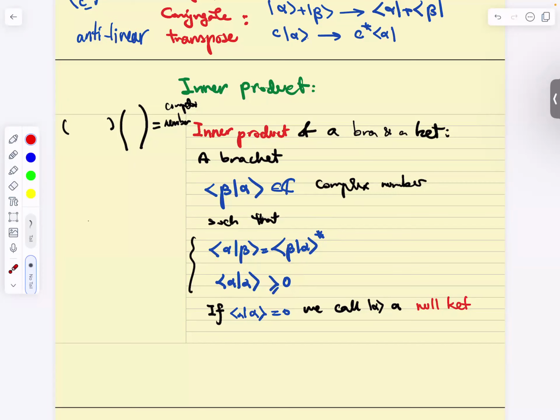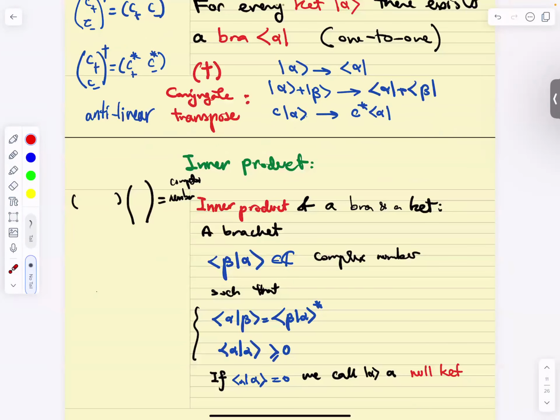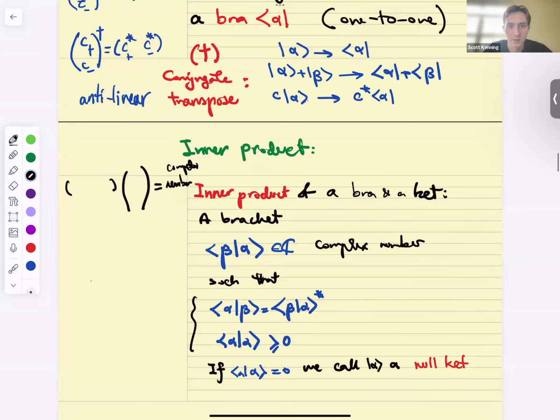Does anyone know why we had to introduce, for complex numbers, on top of transpose, a complex conjugation? I've given you enough to be able to guess that. I don't think you'll satisfy the second condition of the inner product if you don't do the complex conjugate. Precisely, that is exactly why.